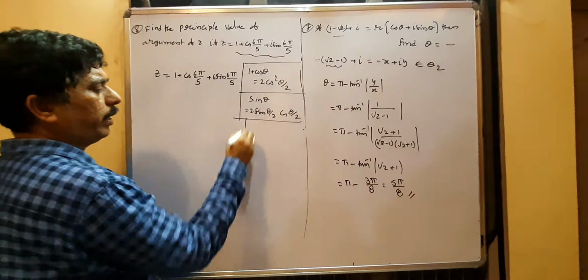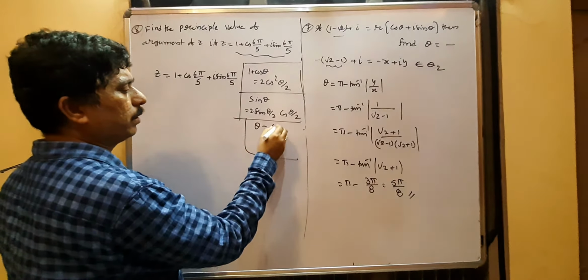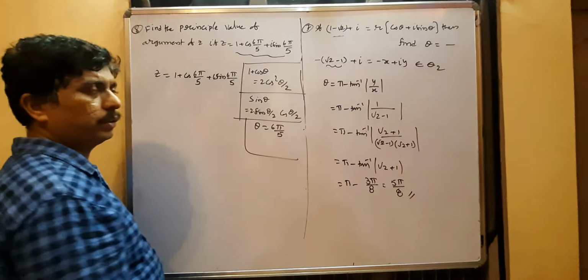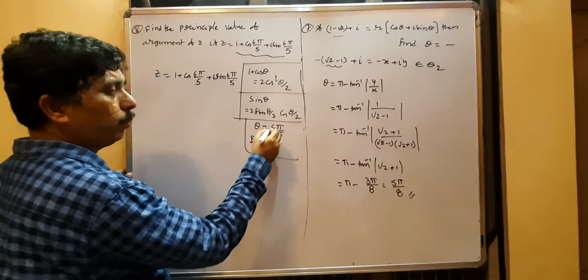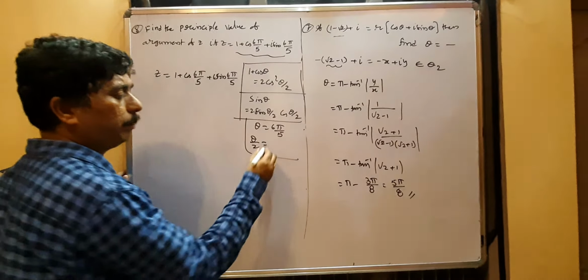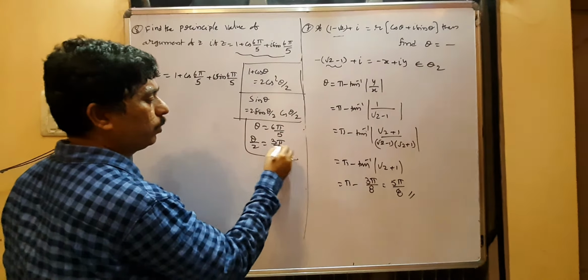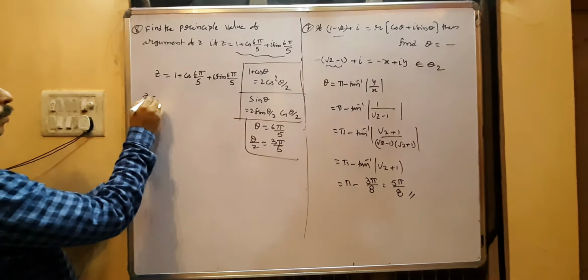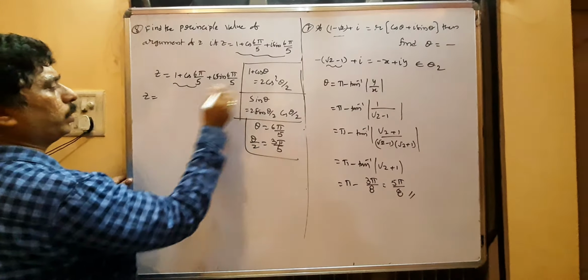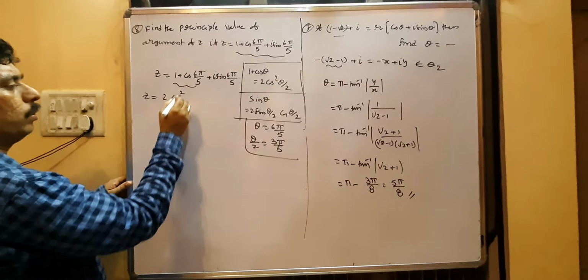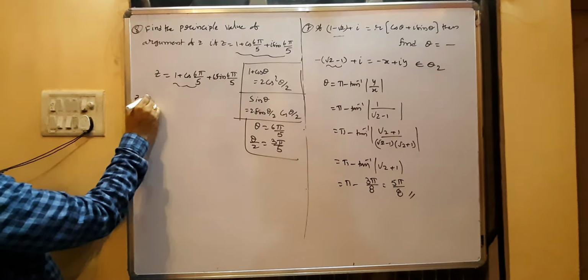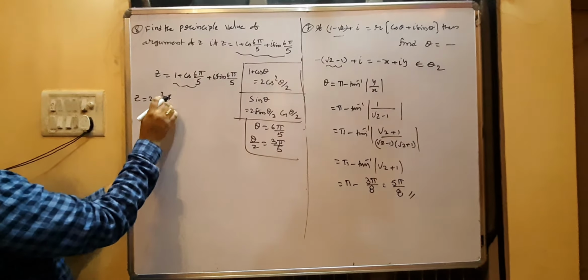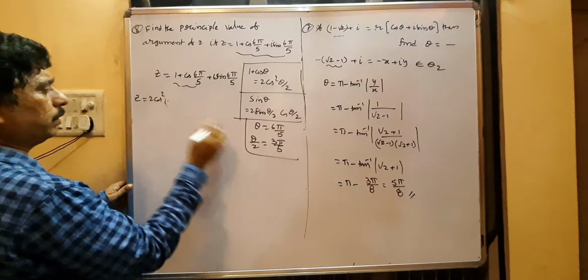If theta equals 6 pi by 5, then what is the theta by 2 value? 1 by 2 into 6 pi by 5, that is 3 pi by 5. Substitute here: z equal to 1 plus cos theta means 2 cos square theta by 2, where theta by 2 is 3 pi by 5.